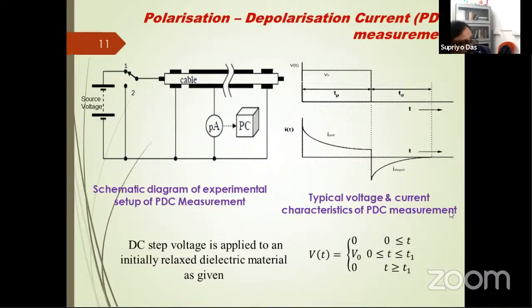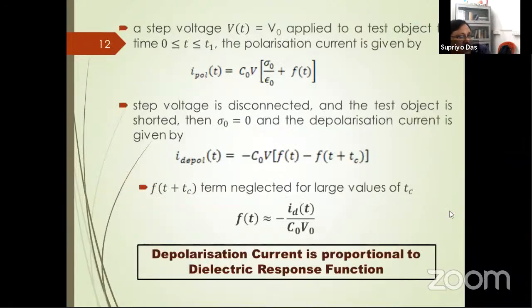Then from 0 to T1, we apply a constant voltage V0, and beyond T1, we short the sample and obtain the depolarization characteristics. We can measure the polarization and depolarization currents using an electrometer. Now, how do we process those currents?